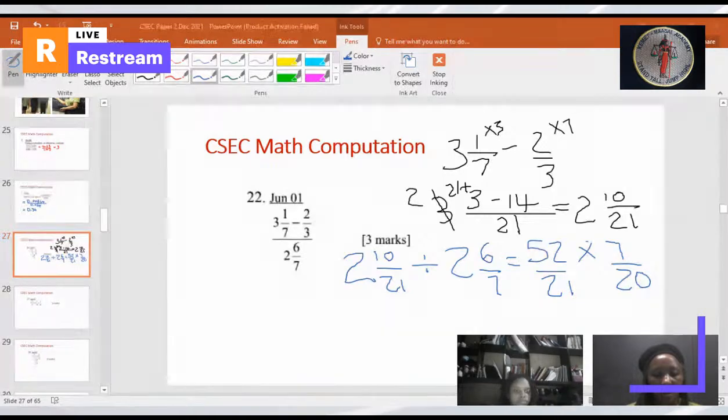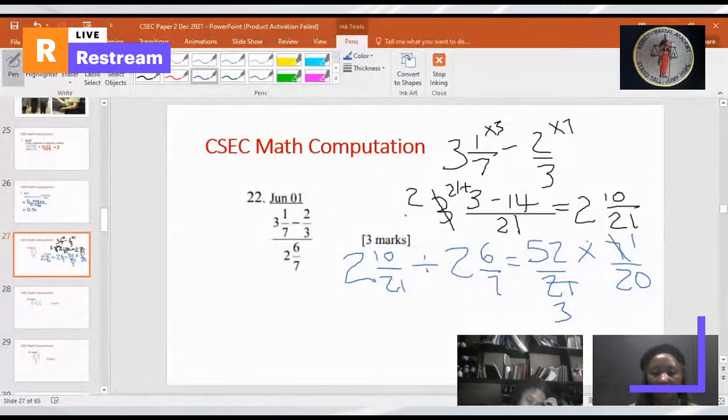7 into itself goes one time, and into 21 3 times.